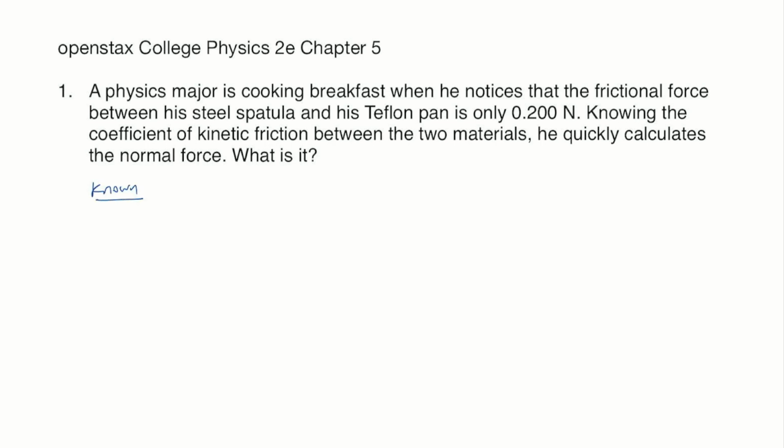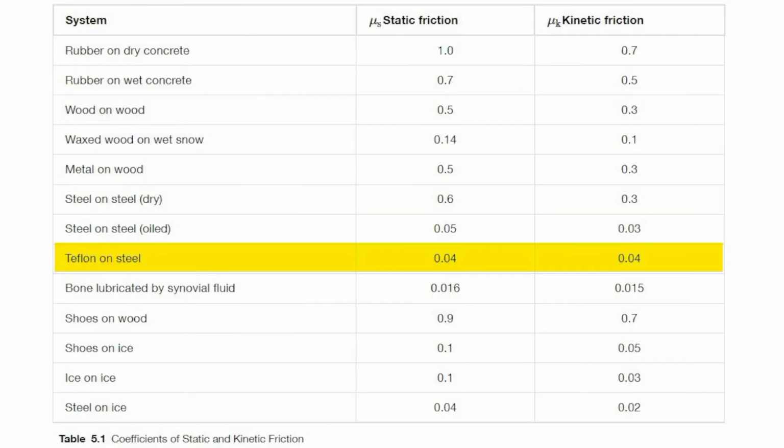And since he knows the coefficient of kinetic friction, the friction that he notices must be kinetic friction. And so that is F sub k is 0.200 newtons. We need to look in table 5.1 to see what the coefficient of kinetic friction is.